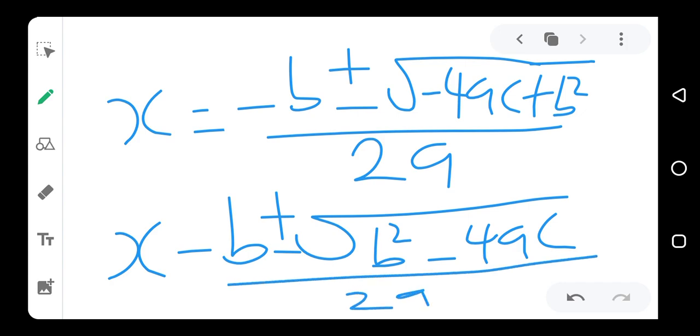This is our quadratic formula. So we have used the completing the square method to derive the almighty formula, the quadratic equation formula.